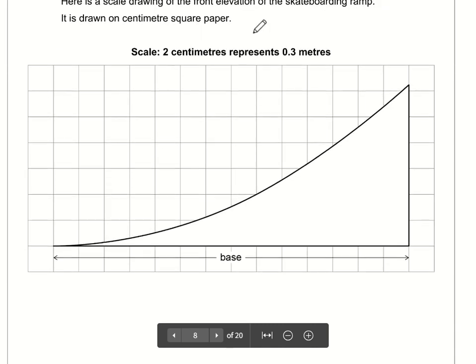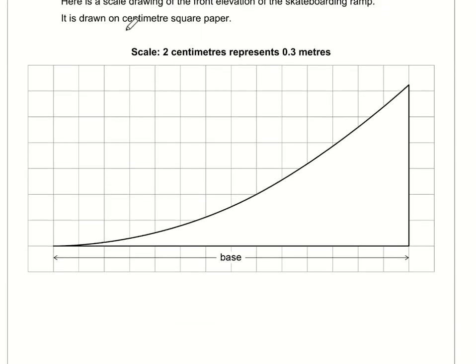Now, we've been given a scale drawing. This is centimetre square paper, and 2 centimetres represents 0.3 metres. So how many 2 centimetres do we have along the bottom here? Well, there's 1, 2, 3, 4, 5, 6, 7.